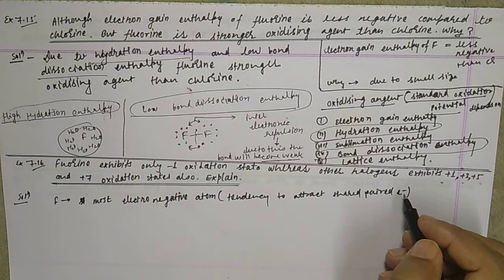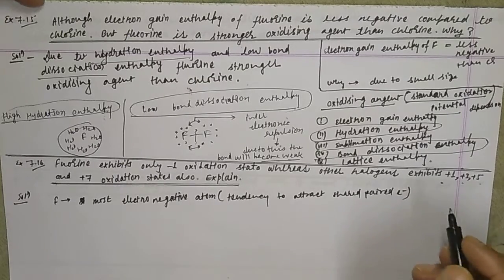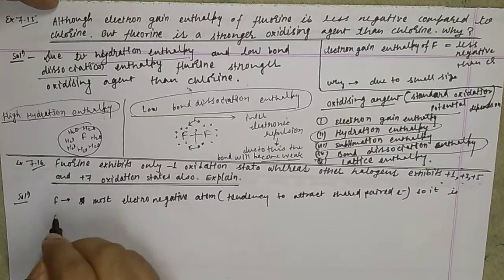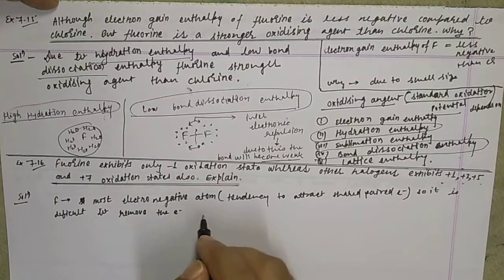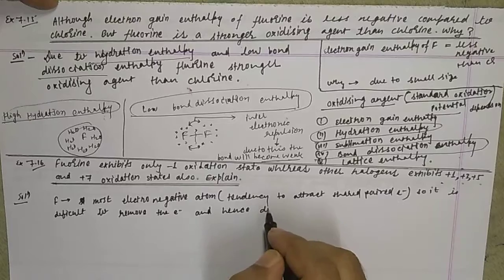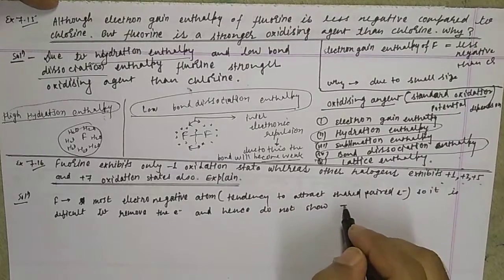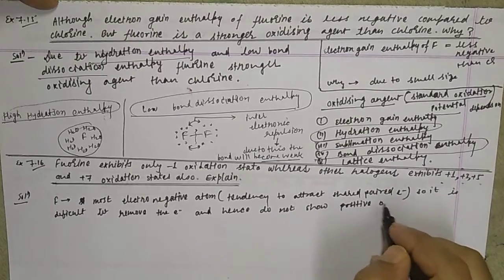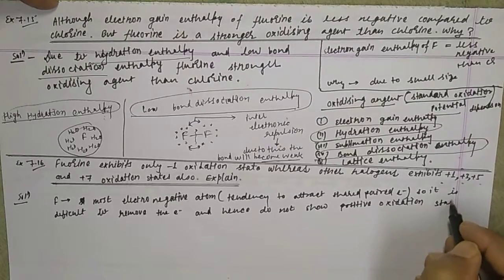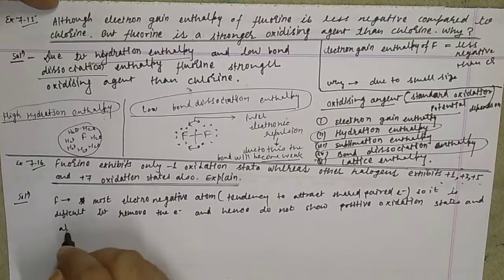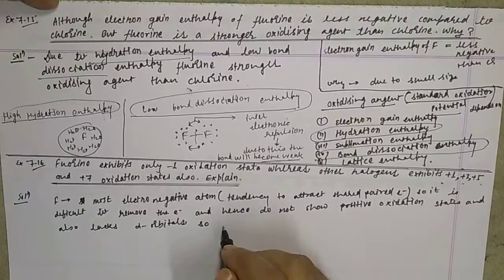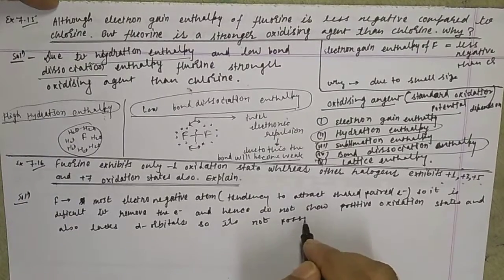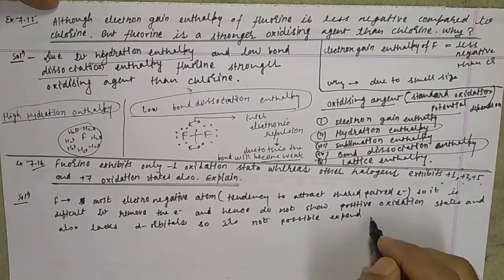As it is the most electronegative atom, it is difficult to remove an electron, and hence it does not show positive oxidation states. Also, it lacks d orbitals, so it is not possible to expand its oxidation states.